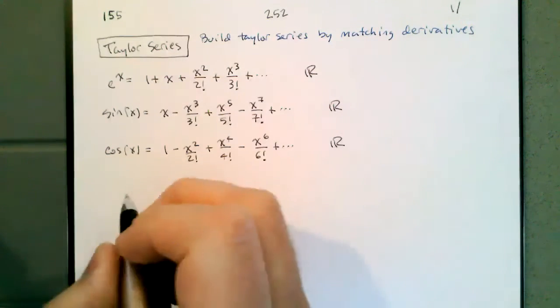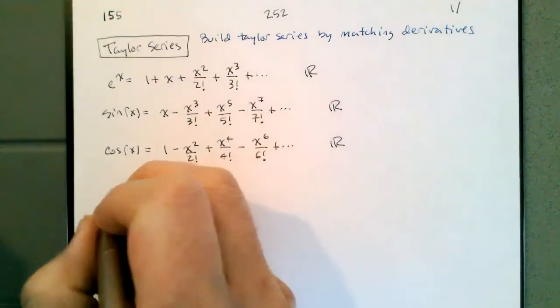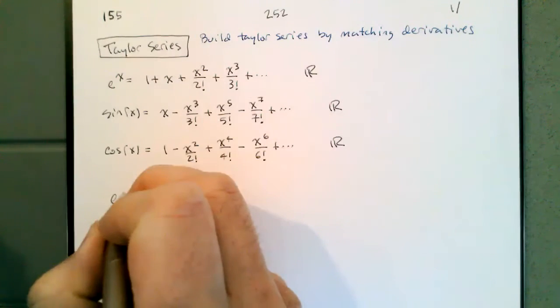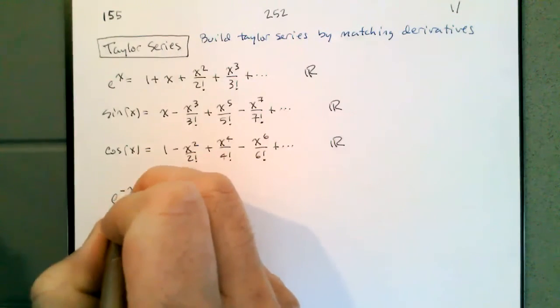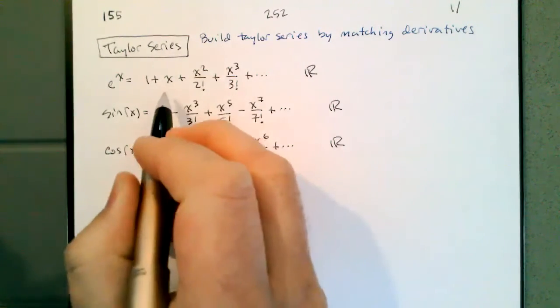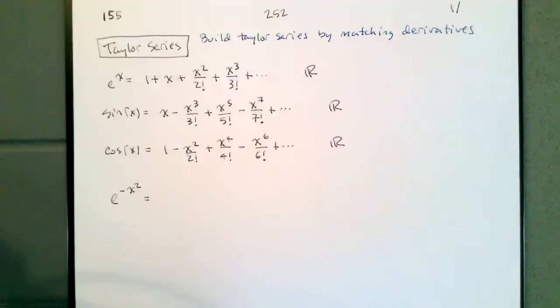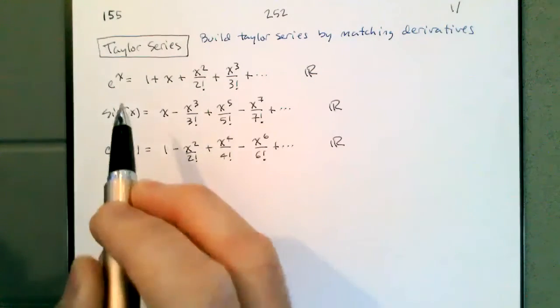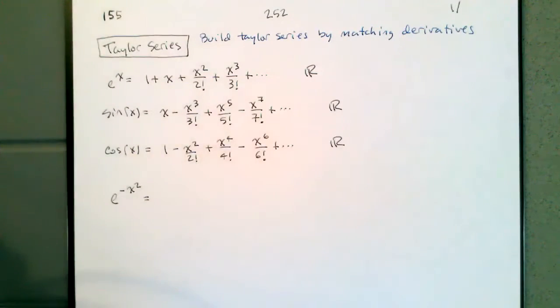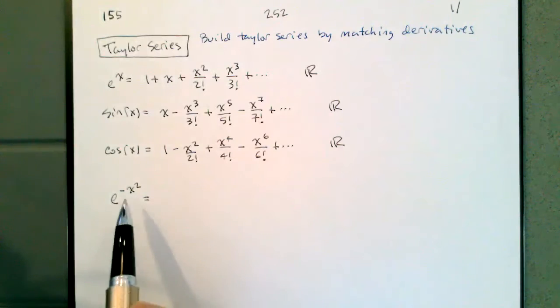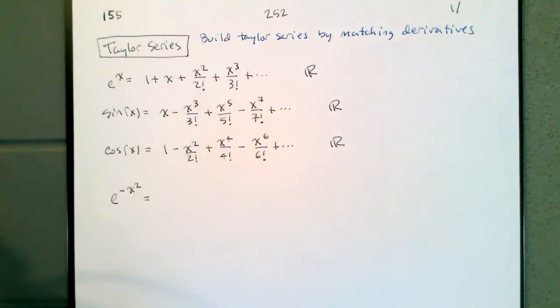If I want you to find, say, the Taylor series for e to the minus x squared, I can just replace all the x's. I can just compose the minus x squared with the Taylor series for e to the x, rather than taking all the derivatives of e to the x and building it from scratch.